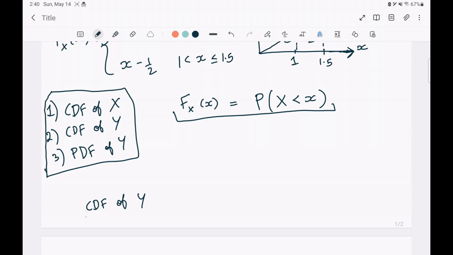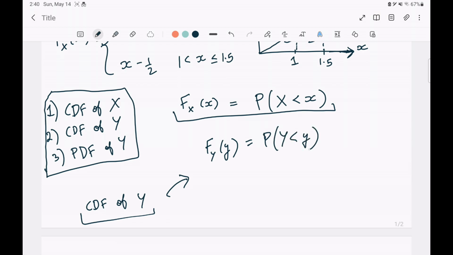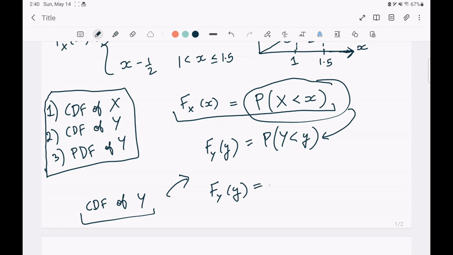Now to calculate the CDF of y, we know that we have to calculate Fy of small y, which is P of Y less than small y. Now how to convert this function to be like this function? Let's see. So we know that F of y, which is the CDF of y, looks like this.